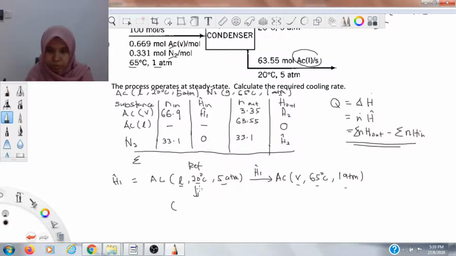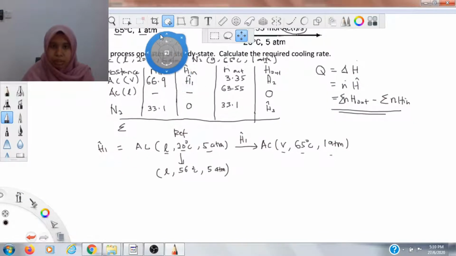Like we mentioned before, liquid to vapor, so we have to make it a process path. Firstly, let's change the temperature first, using the boiling temperature. We refer to table B1. Acetone boiling temperature is 56 degrees C. Then we maintain the pressure.